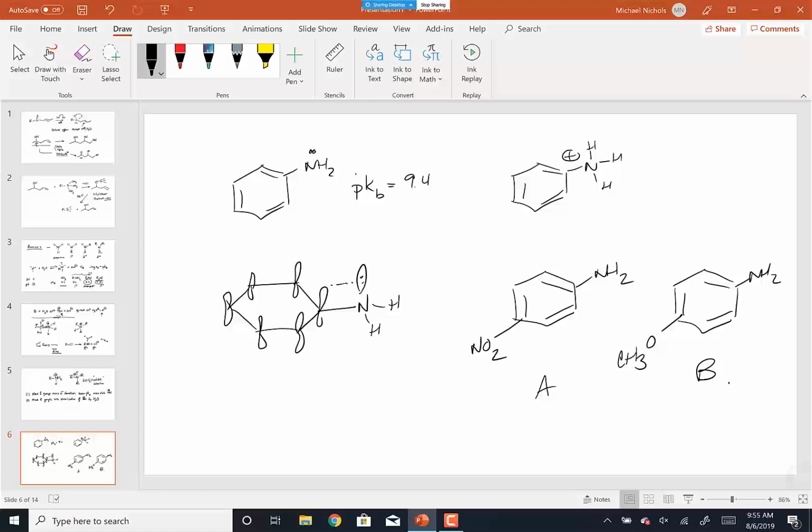What's going to make this nitrogen a stronger base? I haven't answered yet. What's the rule?